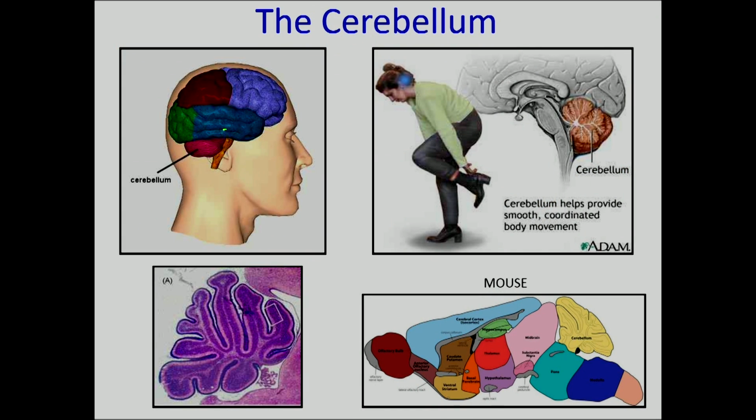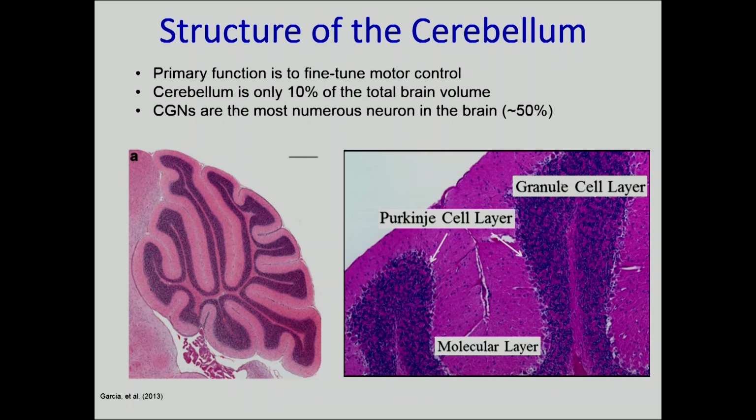The cerebellum at the base of the brain, and here it is in mice, is important for providing smooth, coordinated movement. This is the structure, which is more or less the same in humans and in mice.